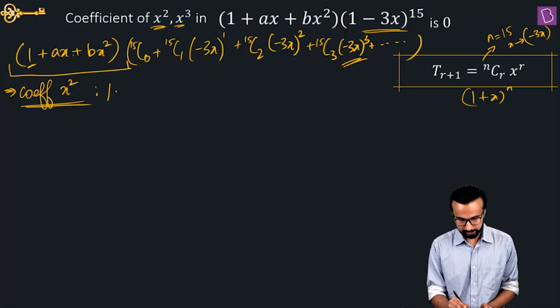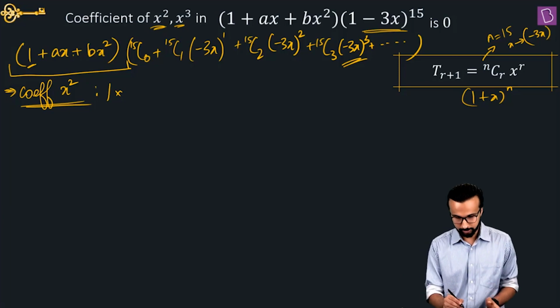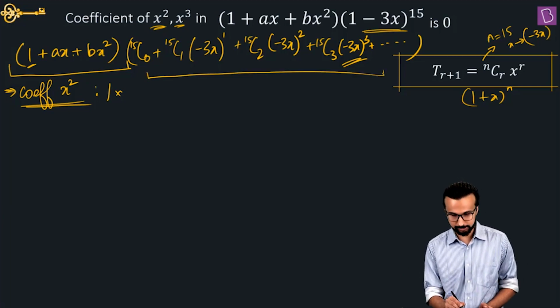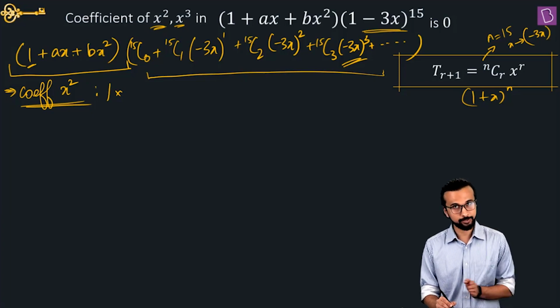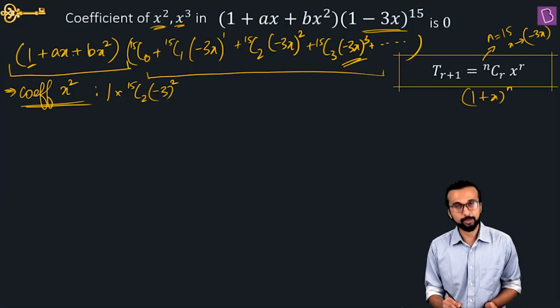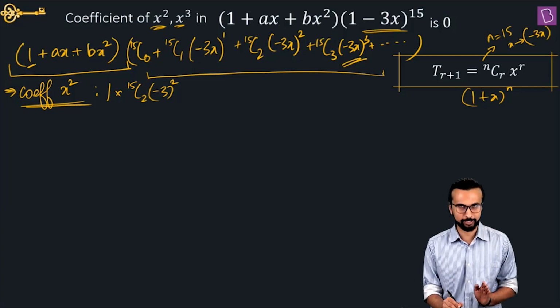This 1 has to be multiplied with the x square term from the second part, which is T3, the third term in the second part. That will be 15C2 into (minus 3) square into x square. Since I'm looking for the coefficient of x square, I will not write x square there.